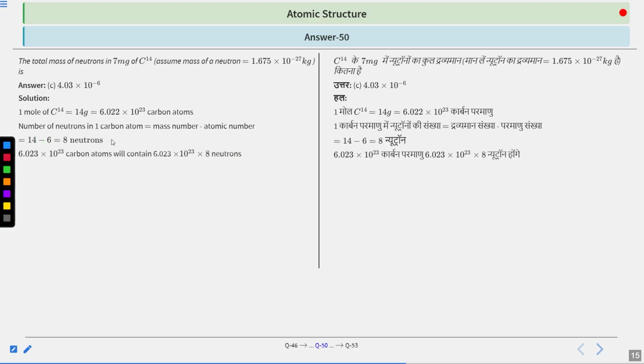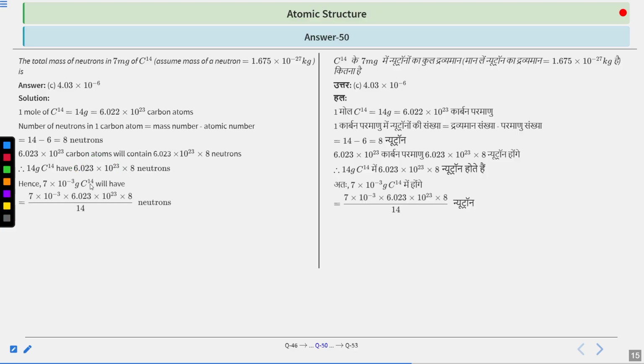Now if you talk about 6.022 into 10 to the power 23 atoms, then it will contain this much number of neutrons multiplied by 8. So 14 grams here will contain how much? This much only, because 14 gram has this many atoms and each atom has 8 neutrons. Therefore, 14 gram will contain this much number of neutrons.